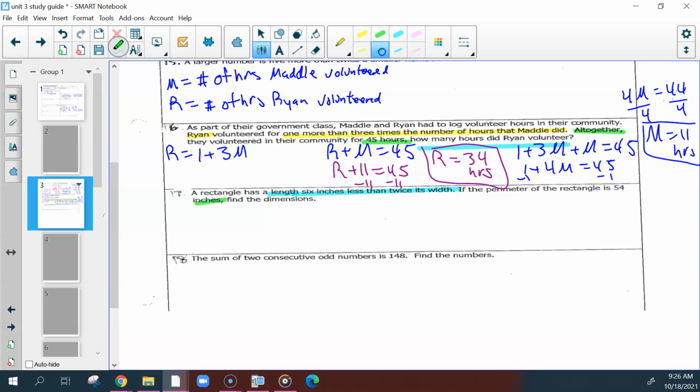We need to find the dimensions, so we need to find both L and W. Remember that perimeter is P equals 2 times your length plus 2 times your width, or adding up all your sides.